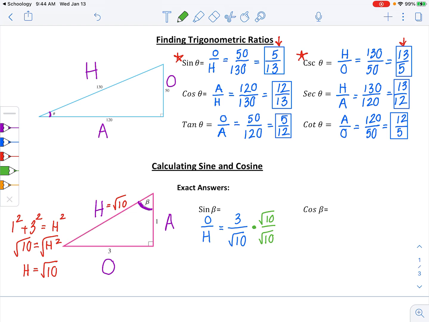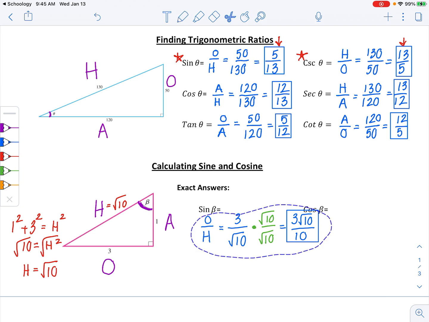The reason why I picked root 10 over root 10 is because in the numerator, I get 3 root 10. In the denominator, root 10 times root 10 is root 100. Think about it. What's the square root of 100? 10. So there you go. This is how you can leave your answer because there's no square root in the bottom.